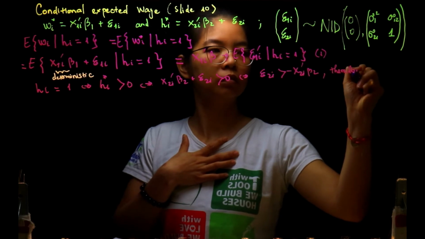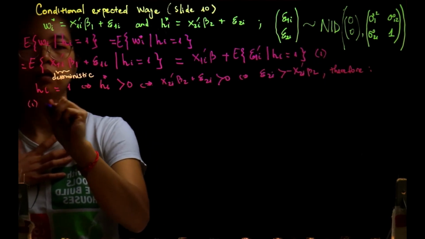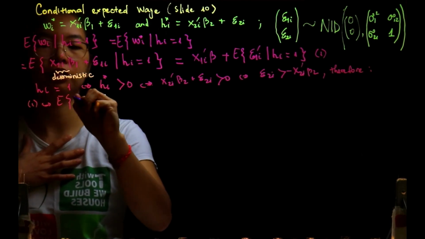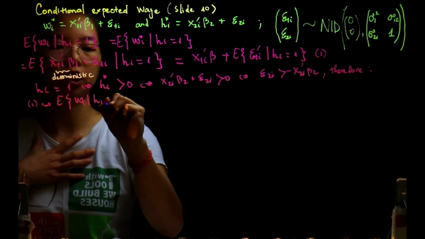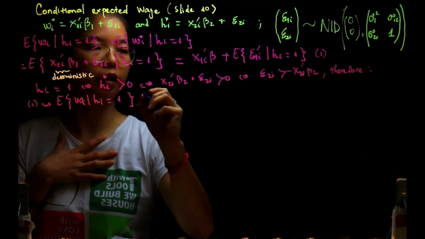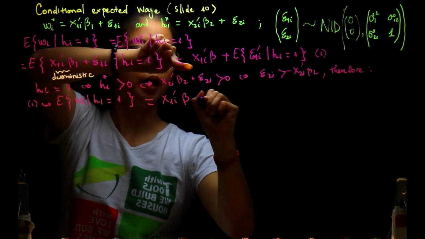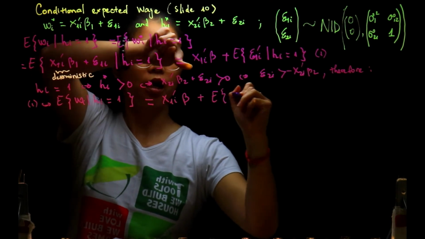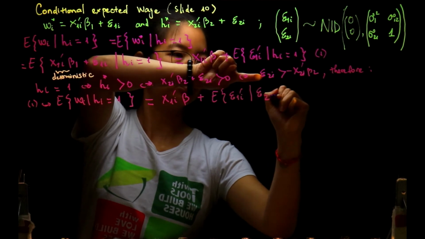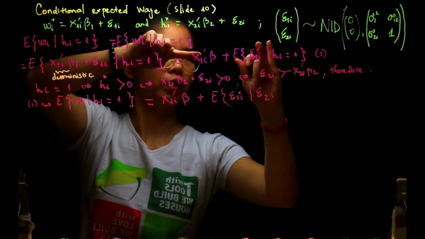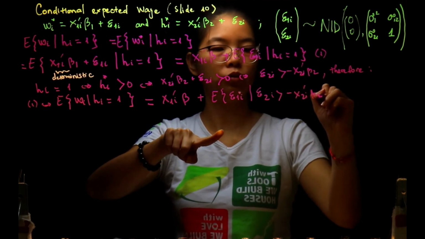Therefore, if we plug it back into this first line, we would have the conditional expected value of wage, conditional on I equal 1, just the thing in the beginning, equals x1i prime beta 1 plus the conditional expectation of epsilon 1i conditional on epsilon 2i larger than minus x2i prime beta 2, right?